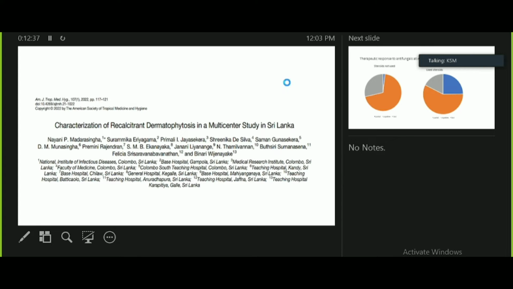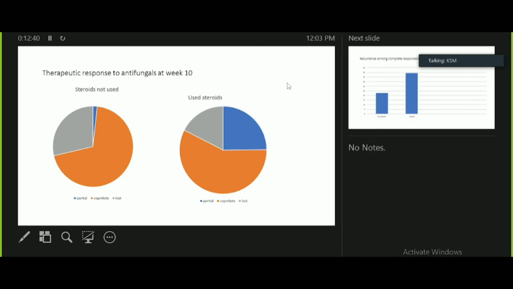Now they further analyzed the data. They treated all the patients with the traditional standard antifungal treatment, and at the end of the 10th week they assessed the response. Among the patient group who were not treated with steroids, at the end of 10 weeks most of them had complete response, and only very few had partial response.